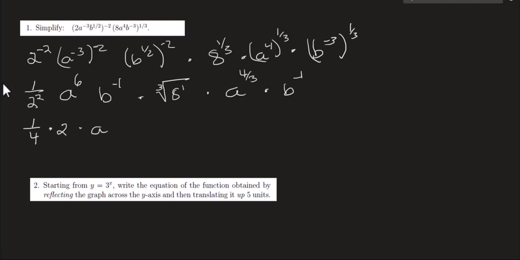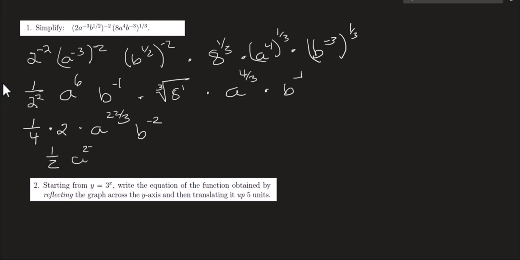And when you multiply, you add exponents. 6 is 18/3. 18/3 and 4/3 is 22/3. Negative 1 plus negative 1 is negative 2. So this is 1/4 times 2 is 1/2.